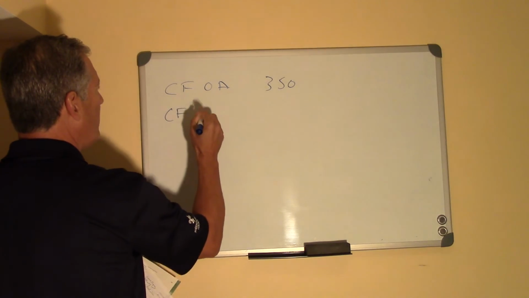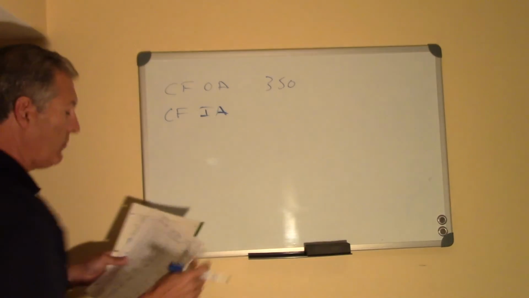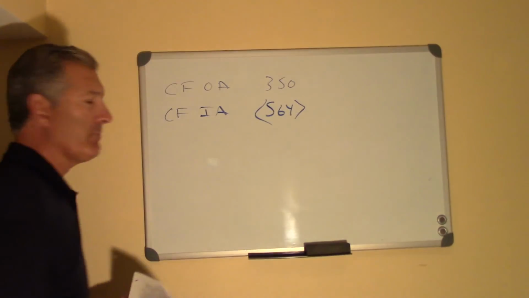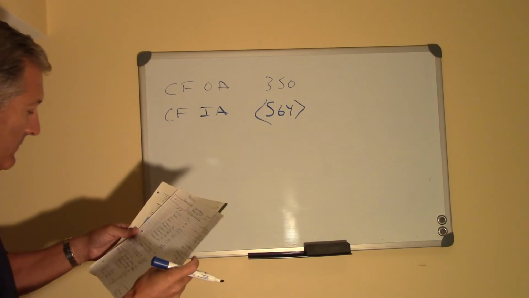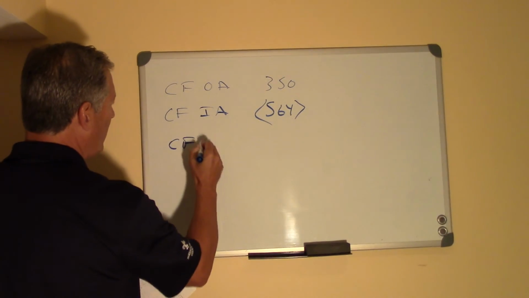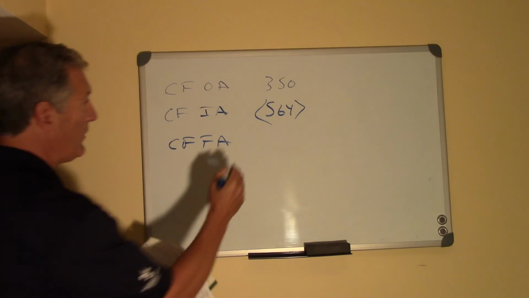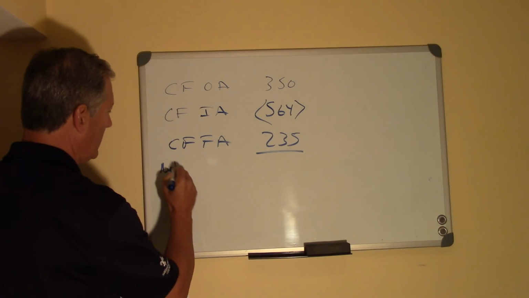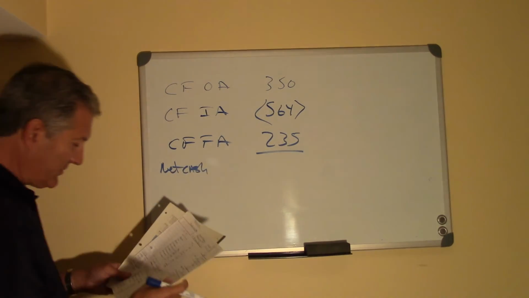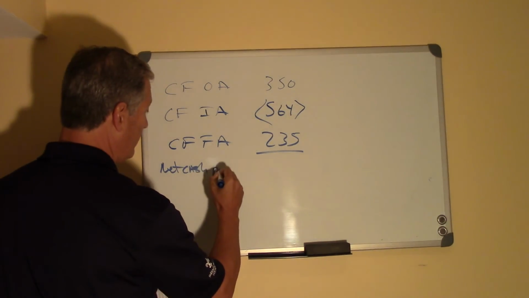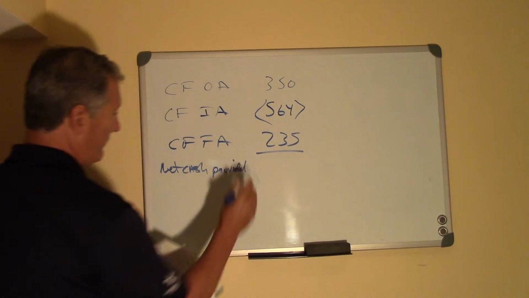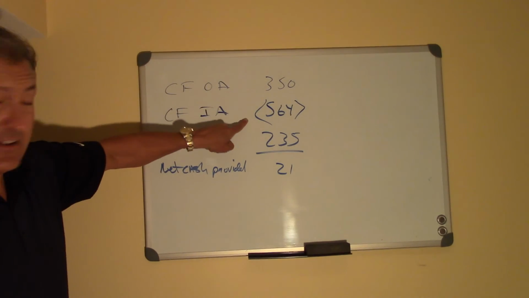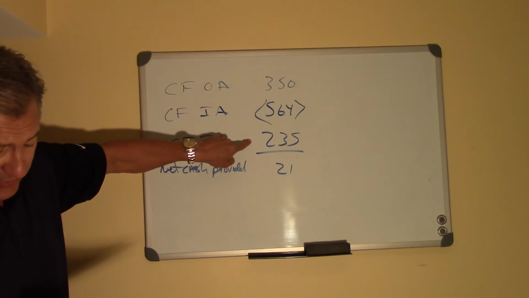Cash flows from what? Investing activities. What happened there? Negative 564. That was used. And then lastly, cash flows from what? Financing activities. And we had what? 235. Net cash provided $21,000. 350 minus 564 plus 235.